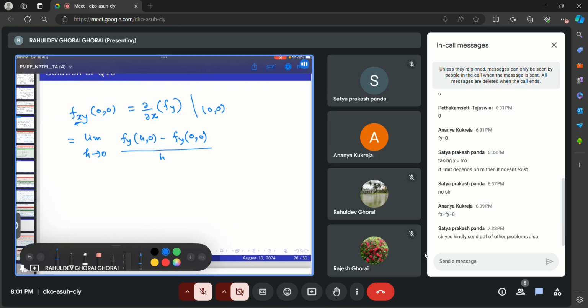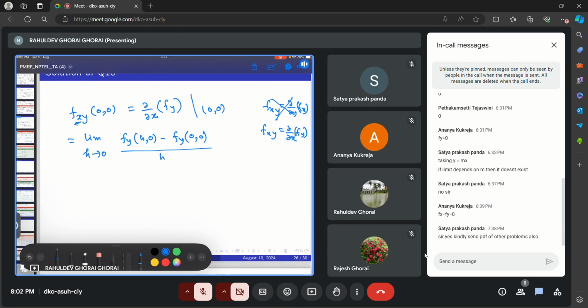Some people use different notation, defining f_xy as del y of f_x. I have never seen that, but it can be a defining convention. Usually, I have seen f_xy is equal to del x of f_y.